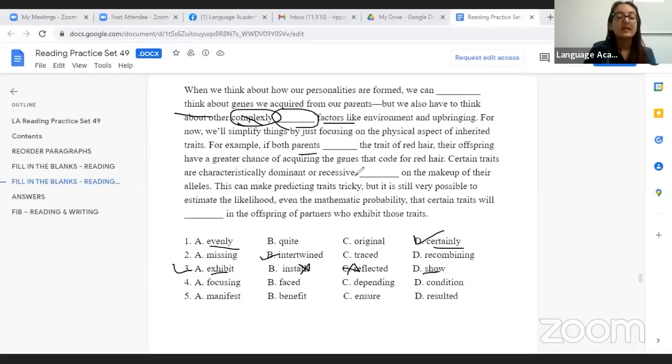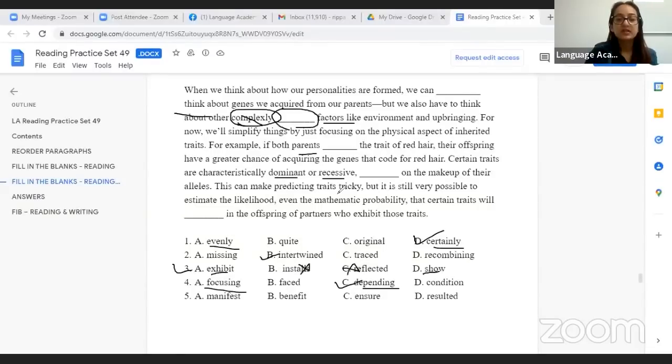In that sense, if we have a blank right after that comma, we always go with ing form of verb. So we have focusing on or depending on. So they say they can be this or that. That means there's not a fixed answer. So the genes can be dominant or the genes can be recessive depending upon their makeup, that is, how are they made.